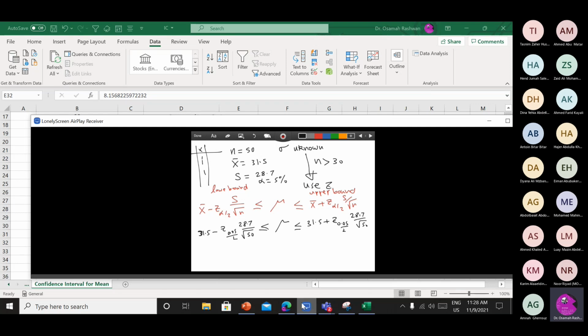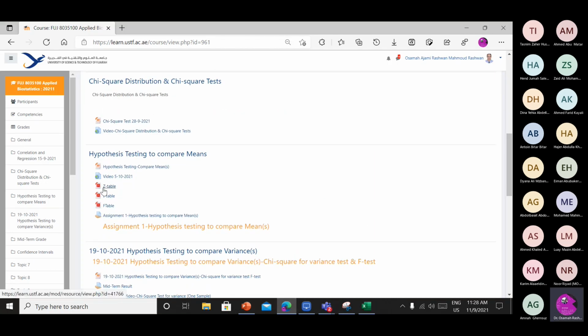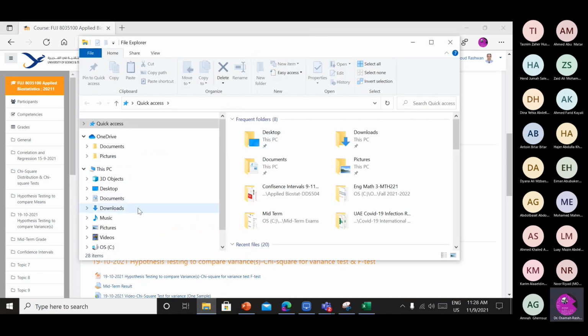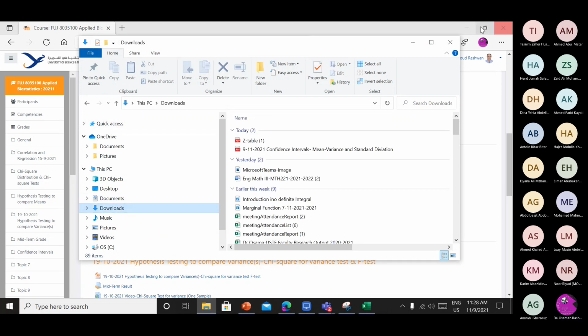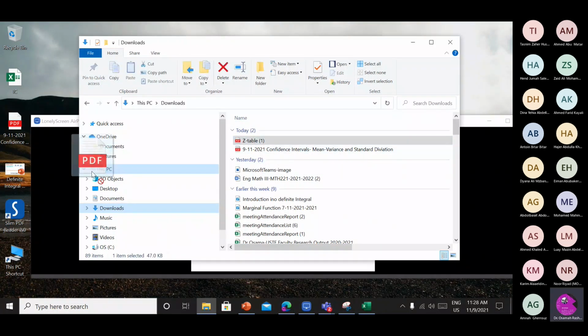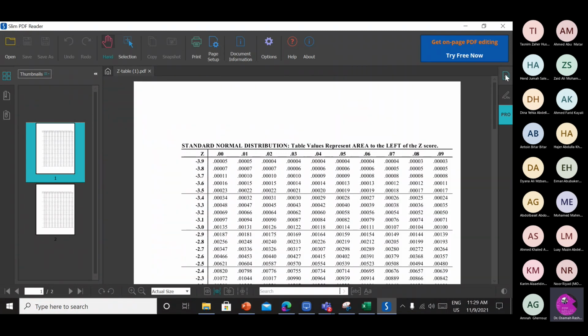Do you have a Z table? Yes, we have it. This is the Z table. Now, I'm looking for Z for 0.05 over 2. 0.05 over 2 is what? It is 0.025, right?